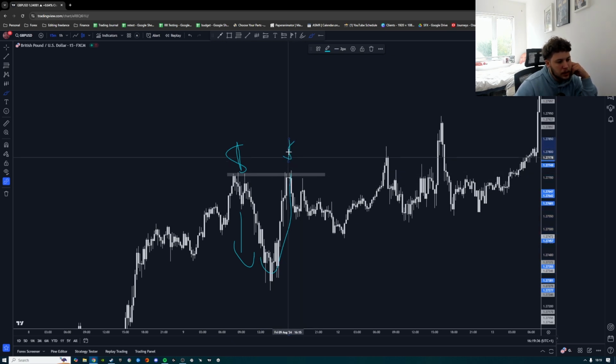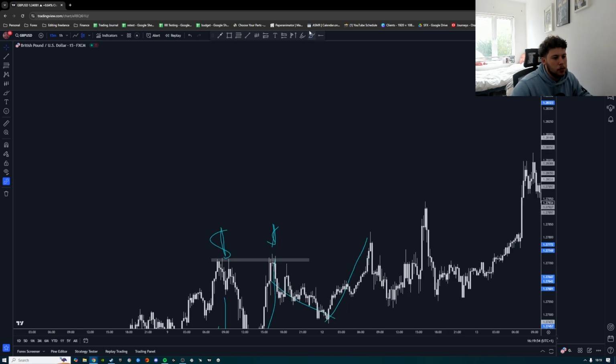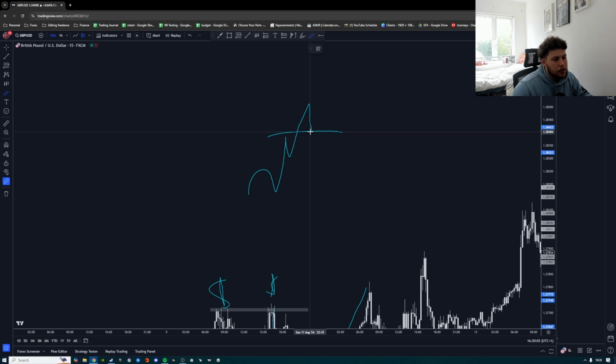So guess what? They sell again, and it comes and takes liquidity. So it's the same sort of thing, just reversed for the double top and the double bottom. And you just want to be careful of it. Again, you don't really want to be buying above a double bottom because price could come and take it. So for example, you might have something like this, and it's riskier buying here because price might want to come and take these double bottoms.